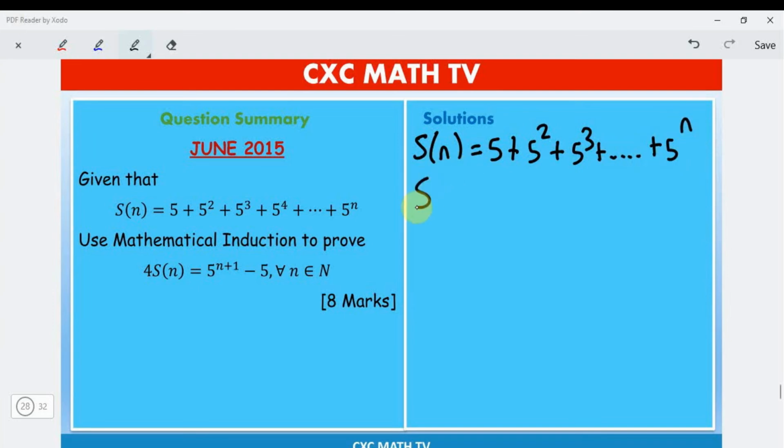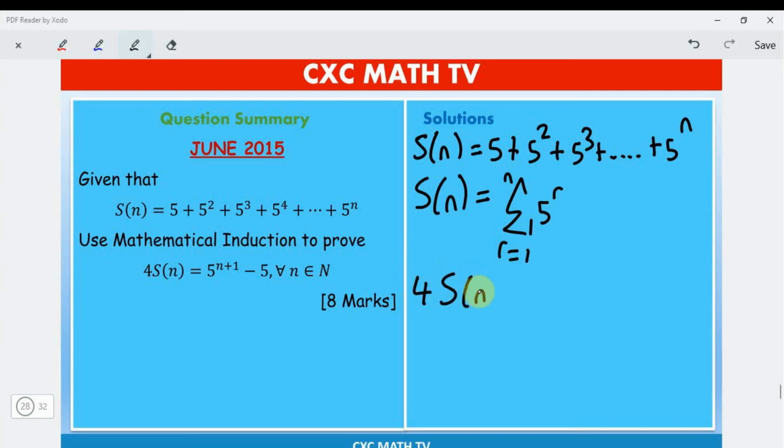So Sn can be rewritten as the summation from r equal 1 to n of 5 to the r. When r is 1, you get 5 to the 1. When r is 2, 5 squared. When r is 3, 5 cubed, and so forth. That's Sn.